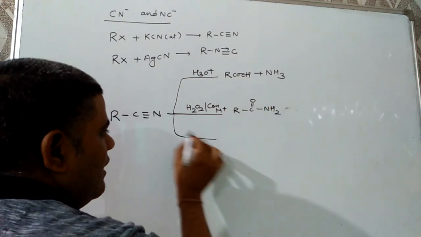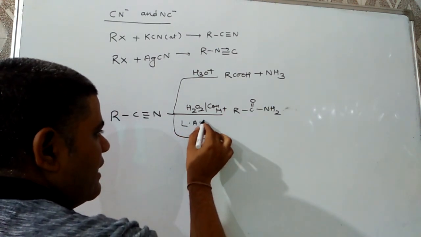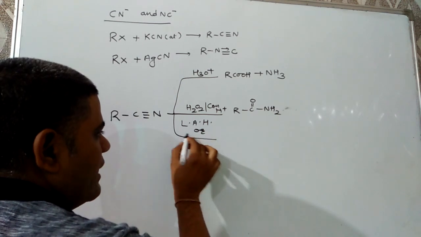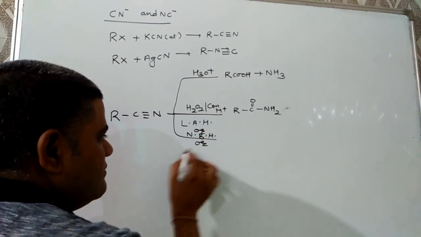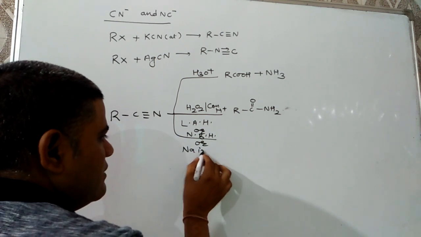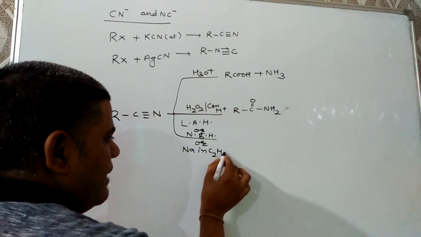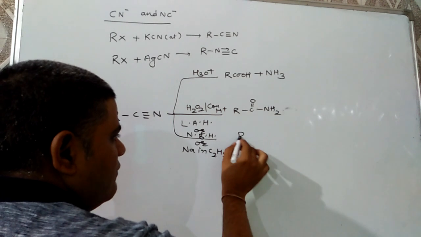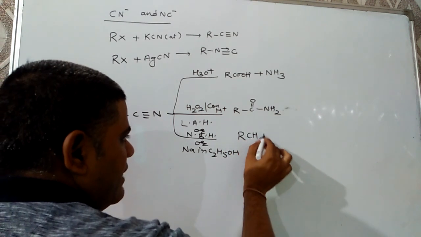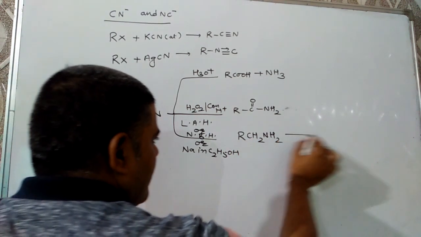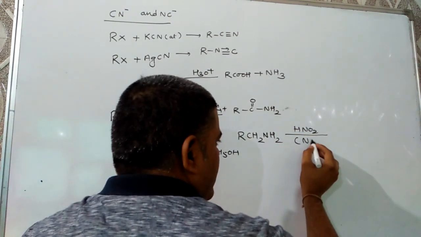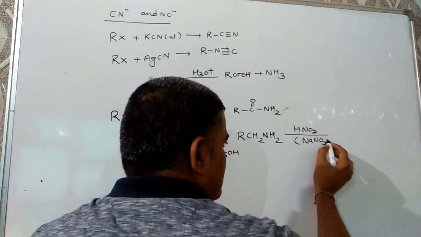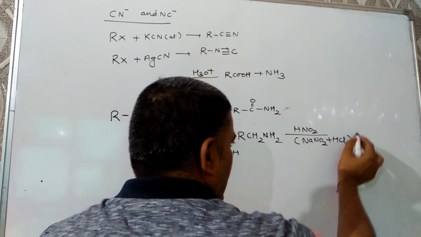Next, on reduction with lithium aluminum hydride or sodium borohydride or sodium in ethyl alcohol, first we will get a primary amine, and that primary amine can react with HNO2 or NaNO2 in presence of HCl to give alcohol.